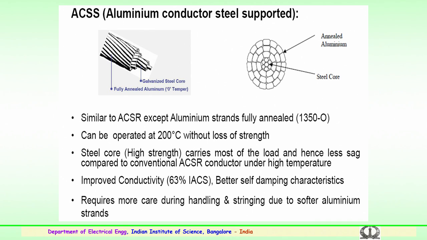Usage of aluminum conductor steel supported type also improves the conductivity by more than 63% and has better self damping characteristics. So, this conductor requires more care during handling and also stringing because of the softer aluminum strands in the conductor.